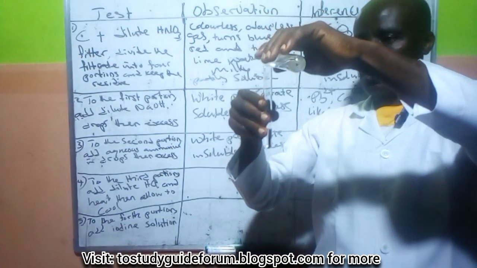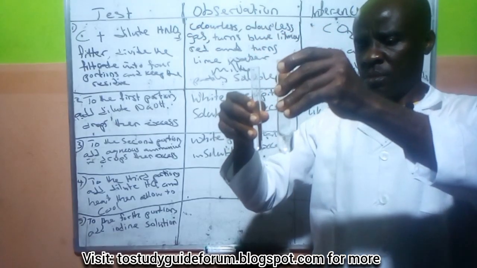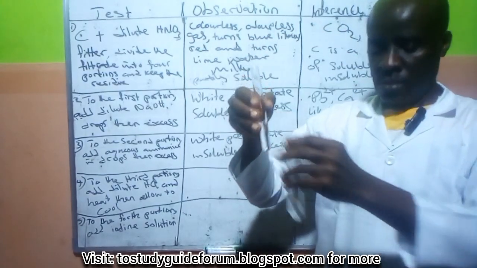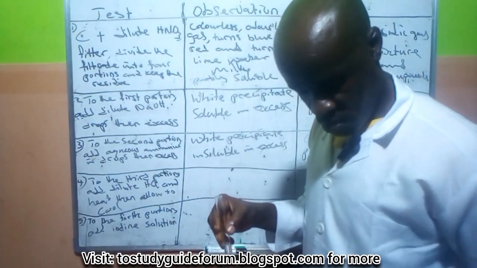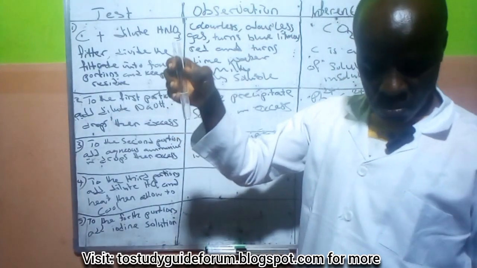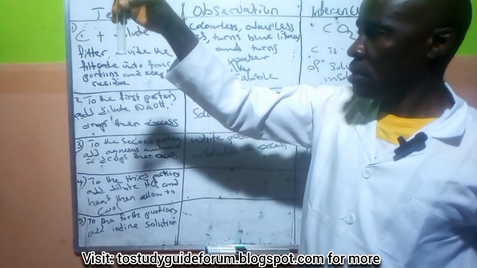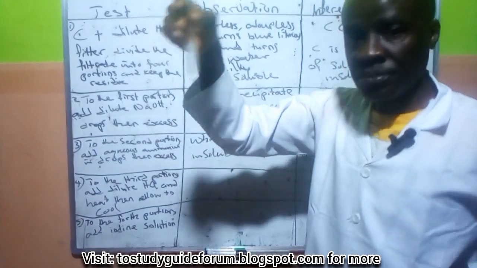Okay, this is a precipitate forming. Now we have a white precipitate.